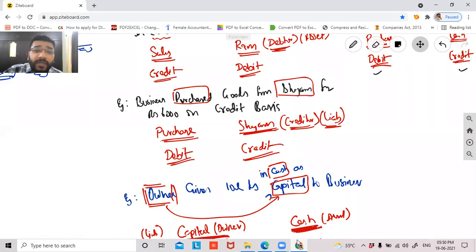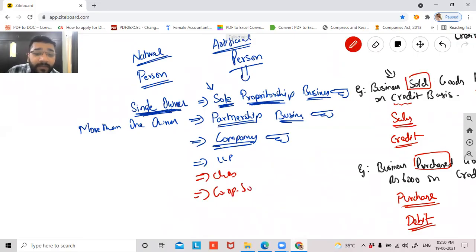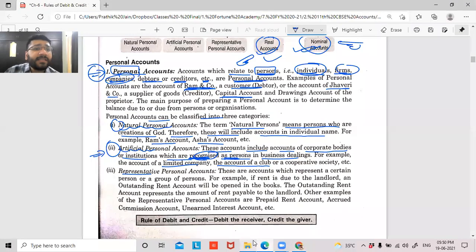Club and cooperative society are different forms of having a business. These are the various forms in which you can conduct business in India. So guys, are you clear with what is personal account and what is the classification of personal account as natural and artificial? Yes, sir. All of you?